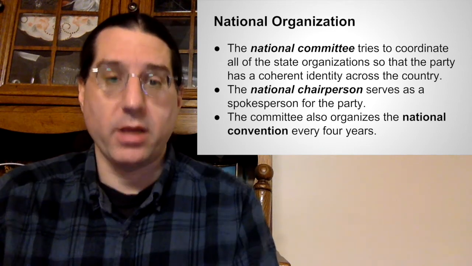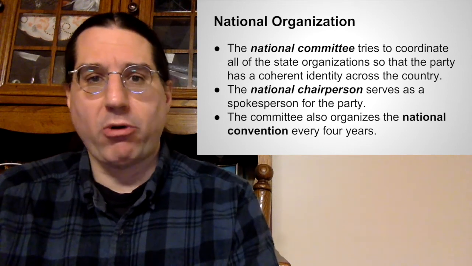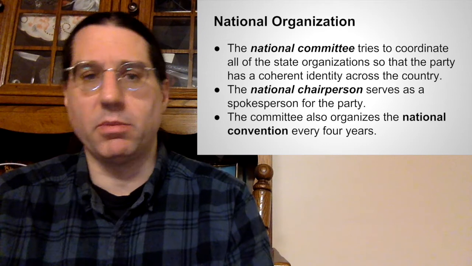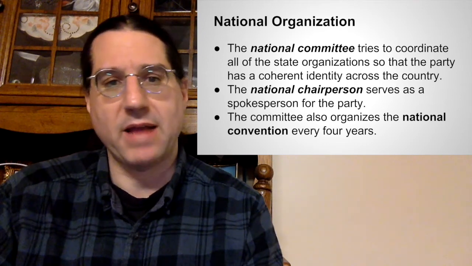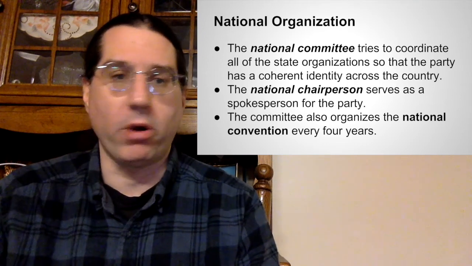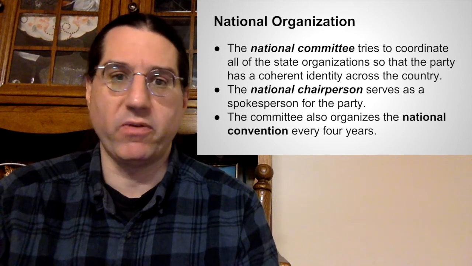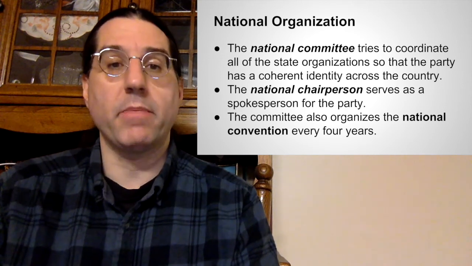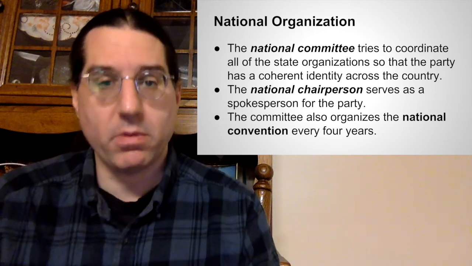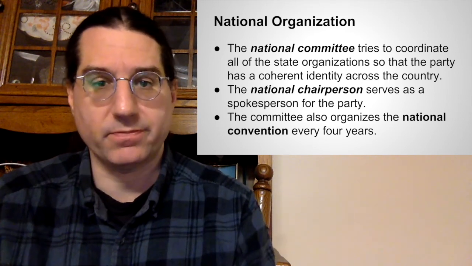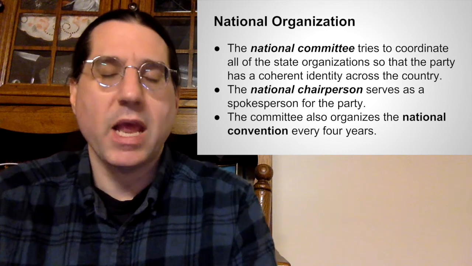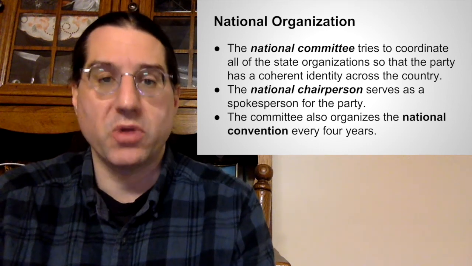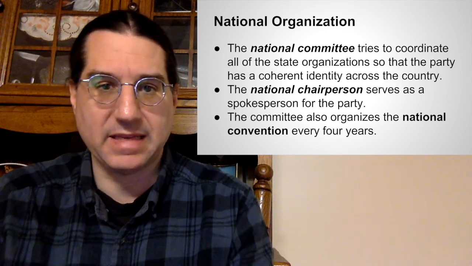You wouldn't want the Democrats in Pennsylvania to be a liberal party, but the Democrats in Oregon to be a conservative party, because then that would confuse people. And so you want to try and keep the state organizations in good relationships with each other.